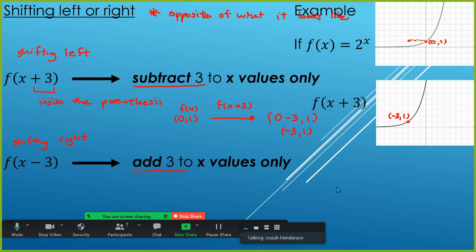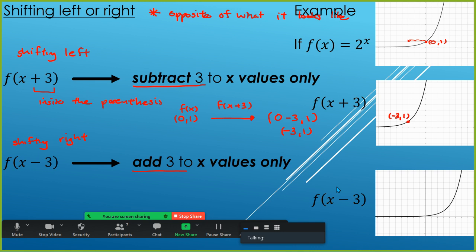Now for the rightward shift. That y-intercept of 0, 1 was transferred rightwards this time. 1, 2, 3. And if we try the math for the rule, same starting point. So on f of x, we've got 0, 1. I do my transformation.